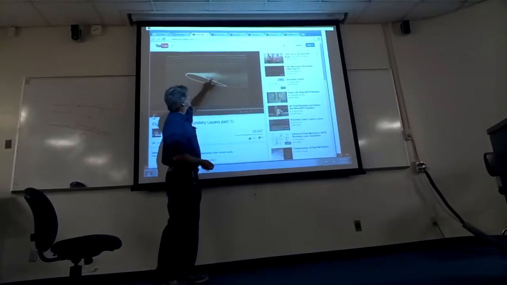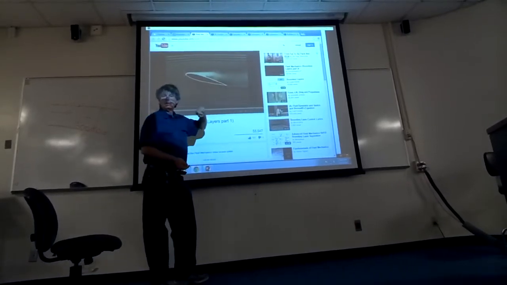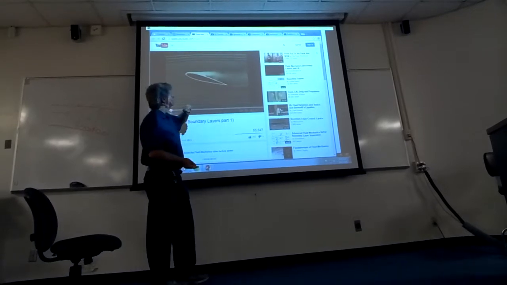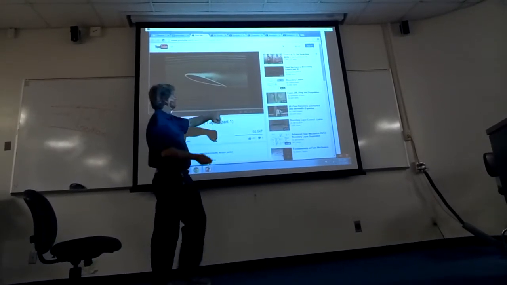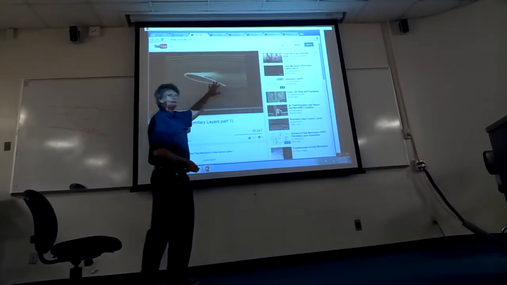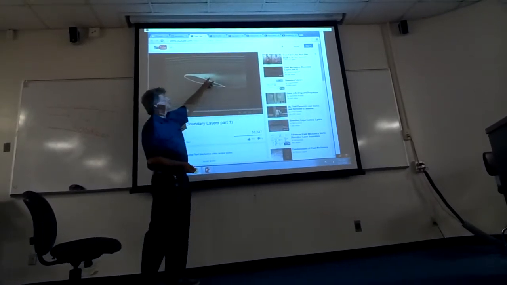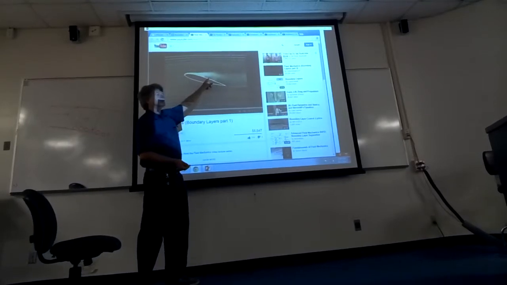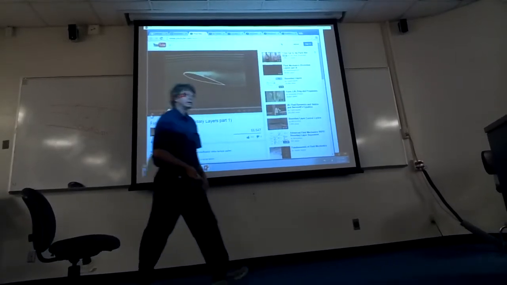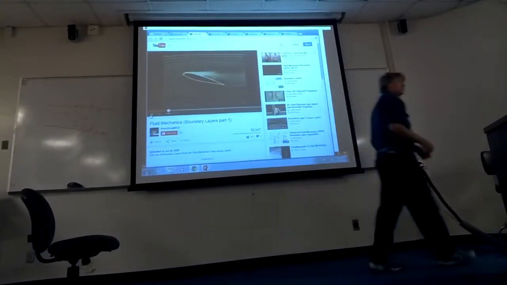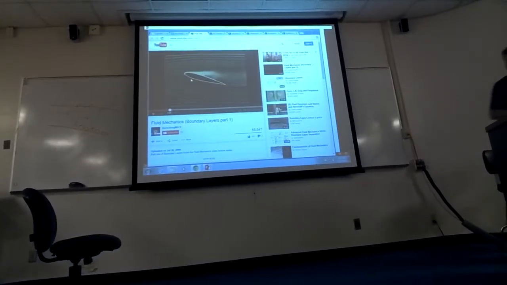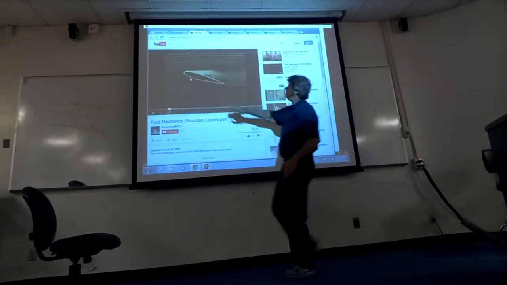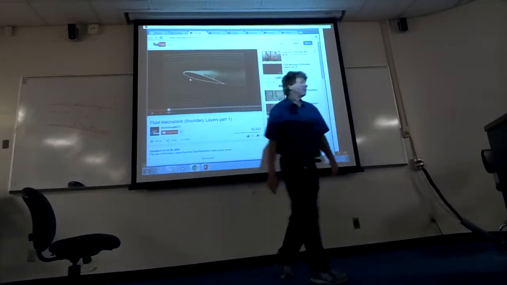It's just sort of circling around. So, cool, everybody? Okay. This is actually what causes airplanes to crash. When you have separation on top of an airplane wing, that's a stall. When airplanes take off too steep, they lose lift when this happens because the air is no longer pulling on the top of the wing.